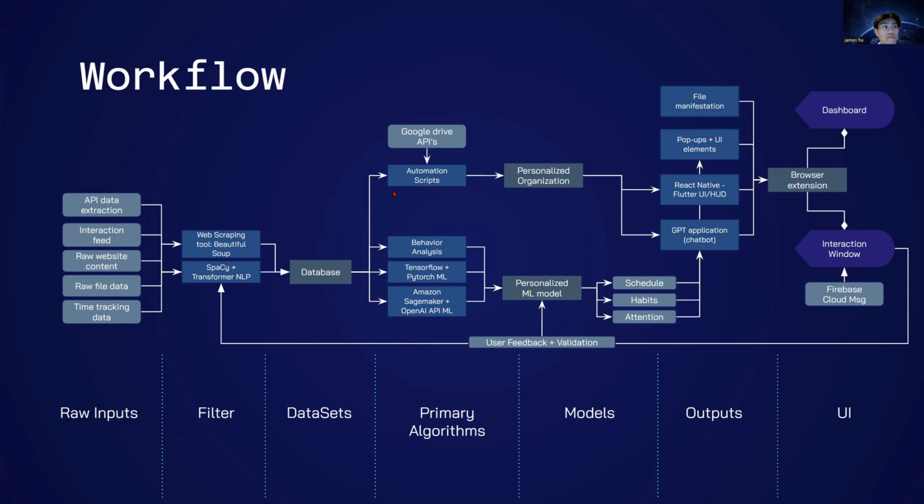And above, we have the automation scripts, which automate some of the personalization features, such as personalized folders by using Google Drive APIs and to create a personalized organization model.